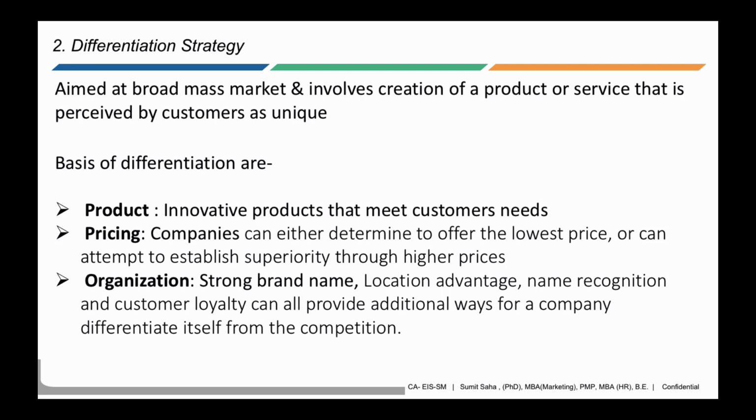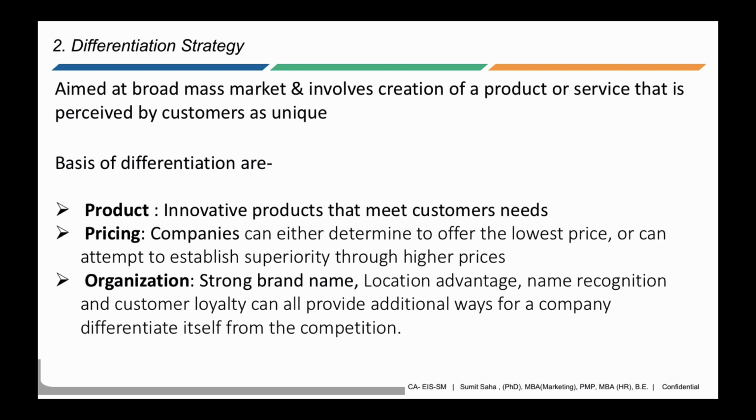So differentiation happens in three ways: product, price, and the organization. Product is different as per the features, and pricing is different because these kinds of products are a little bit higher cost, because the features are a little different than their rival or nearest competition.